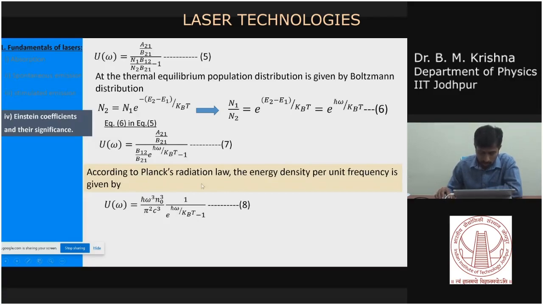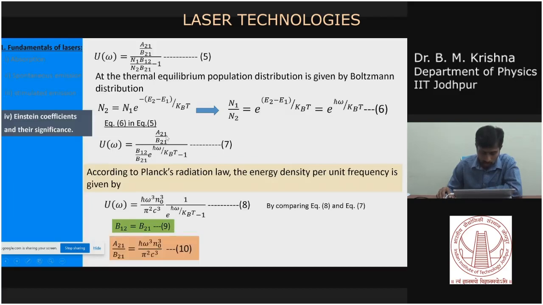Now you can compare equation 7 and equation 8, because both are energy densities. If you compare both, you can see that B12 by B21 is 1. That means B12 equals B21, and the whole factor A21 by B21 is equal to the corresponding factor in Planck's law.